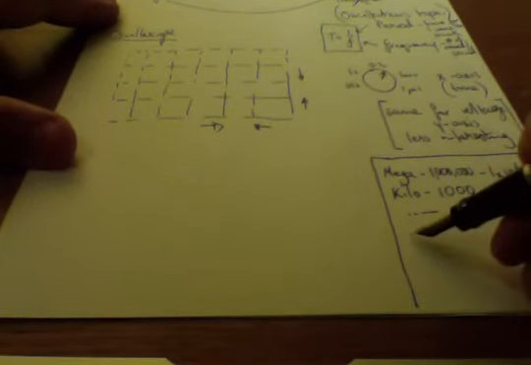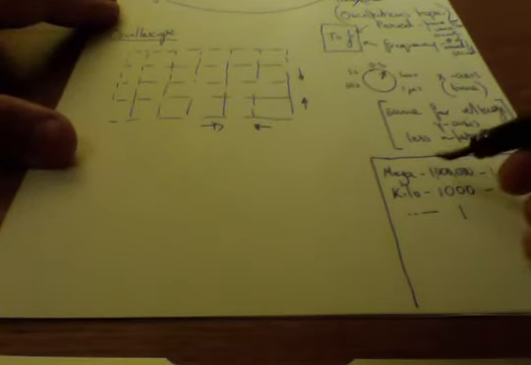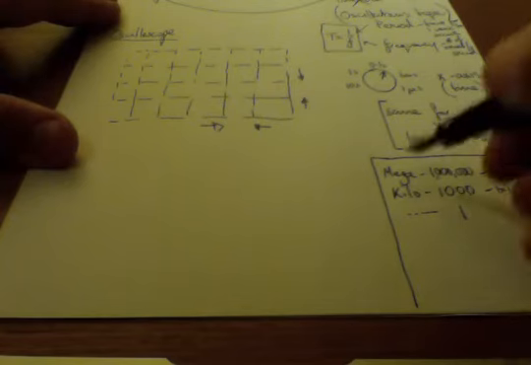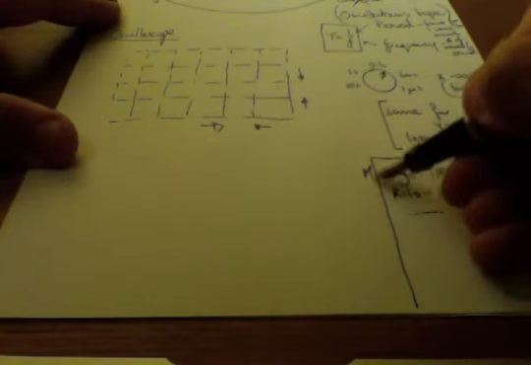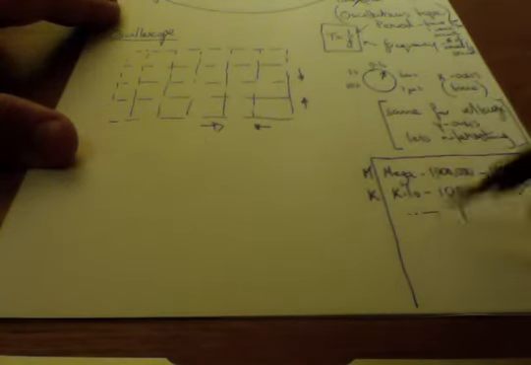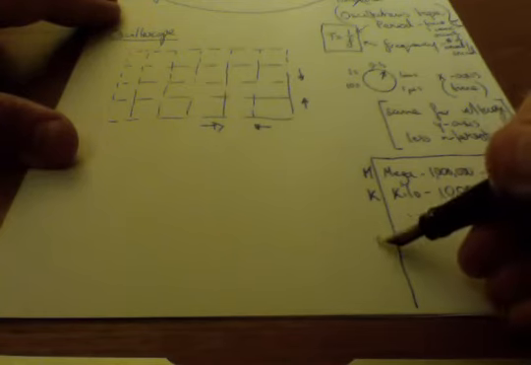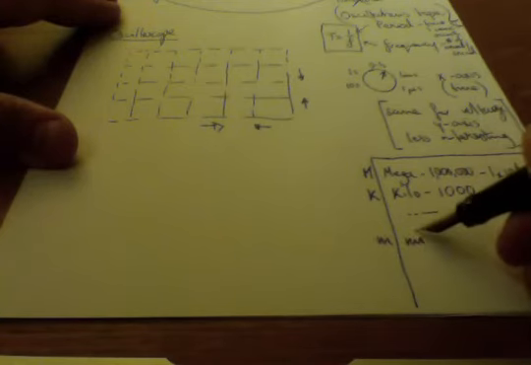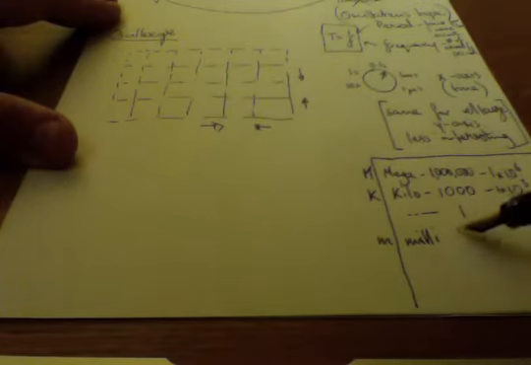But we do the same above 1 and also below 1. And we give these symbols. Mega is capital M, kilo is capital K. And then we can go milli, which is smaller m, which is actually 1,000th, gives the 1 times 10 to the minus 3.